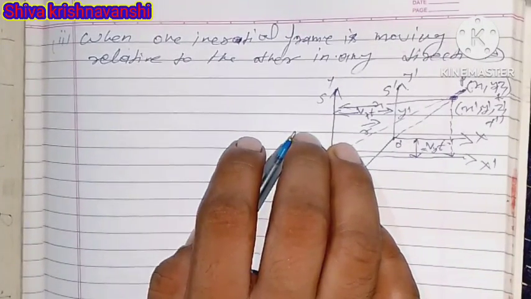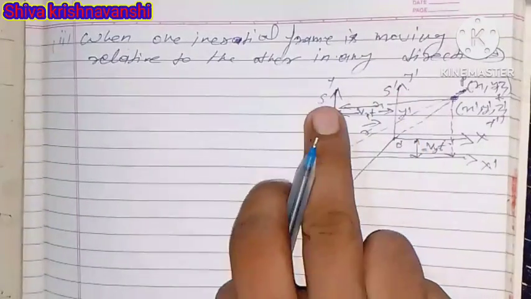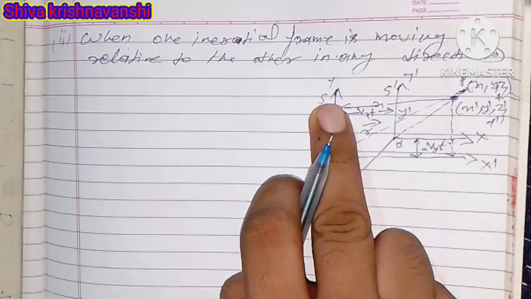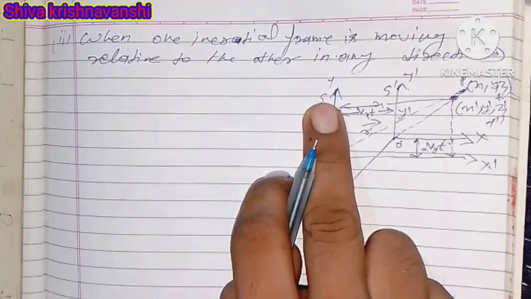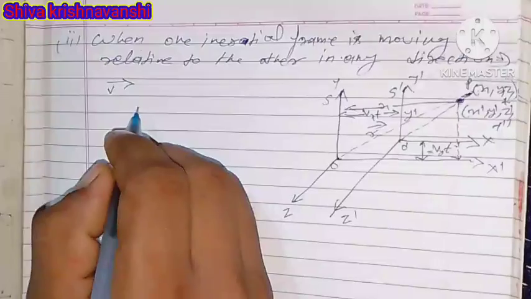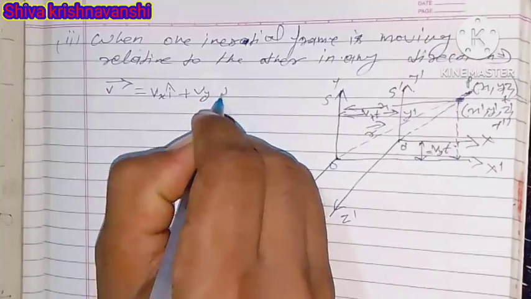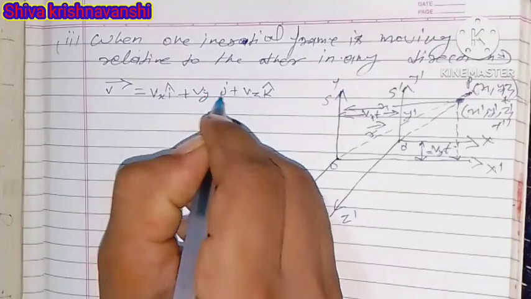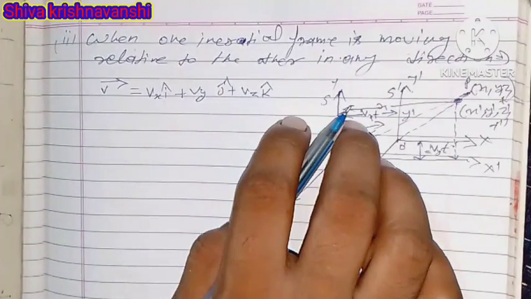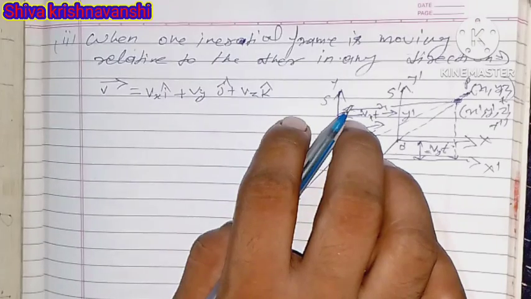Now let the frame S dash move with respect to the frame S with uniform velocity vector V, given by vector V equal to Vx i plus Vy j plus Vz k, in any direction, where Vx, Vy, Vz are the components of V along x, y, and z direction respectively.